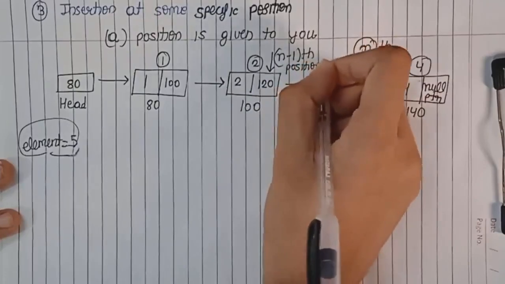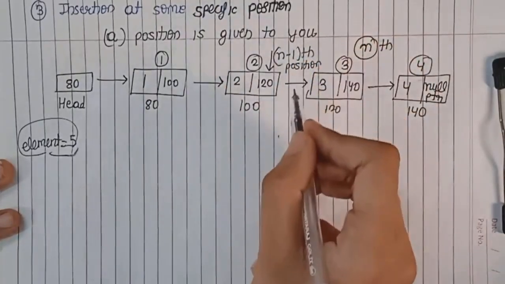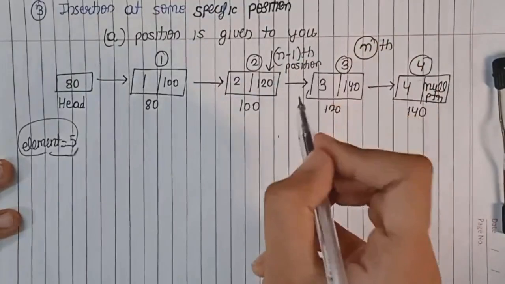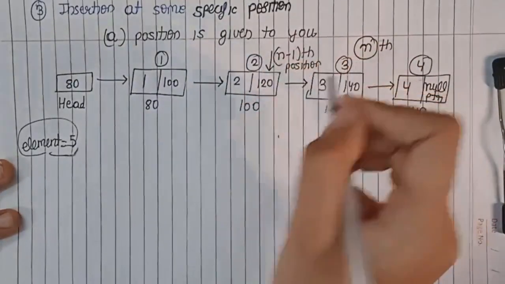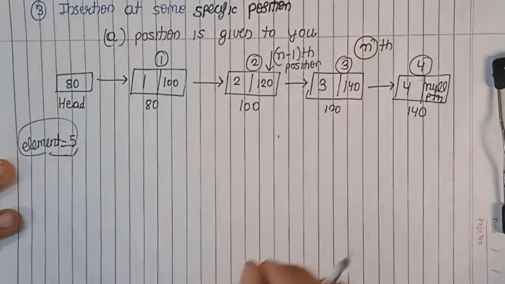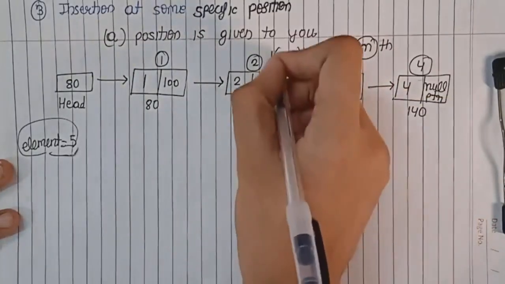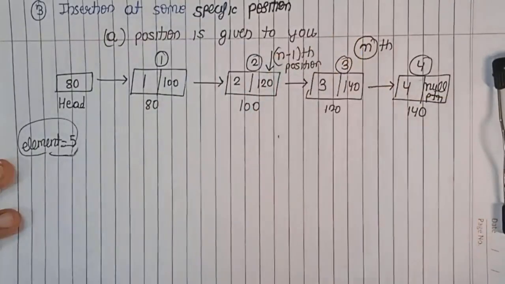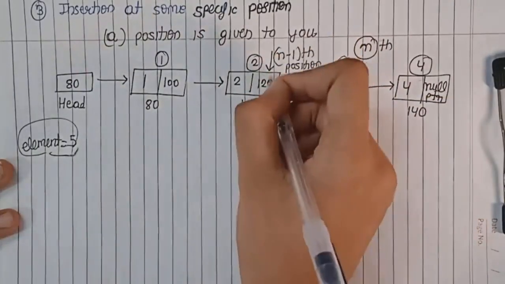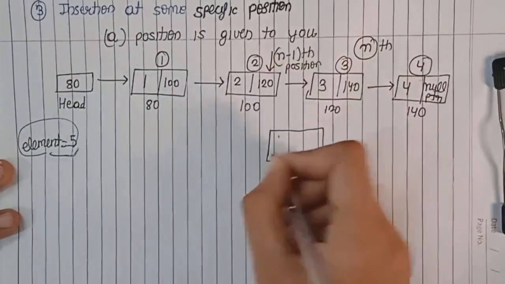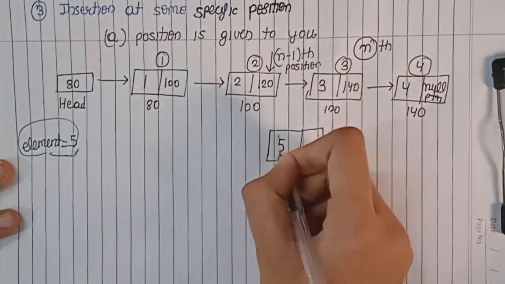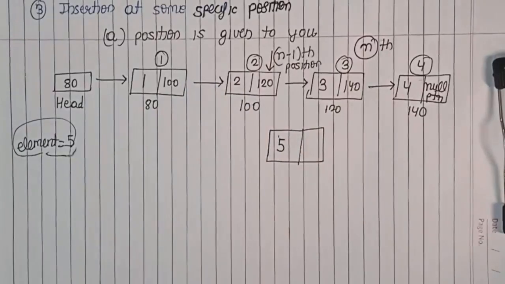So reaching the n-1th position is your first step. How you will reach here, I will tell you after some time, but now let us assume that you have reached this position. Now once you have reached this position, you will create a new node whose data value will be 5.